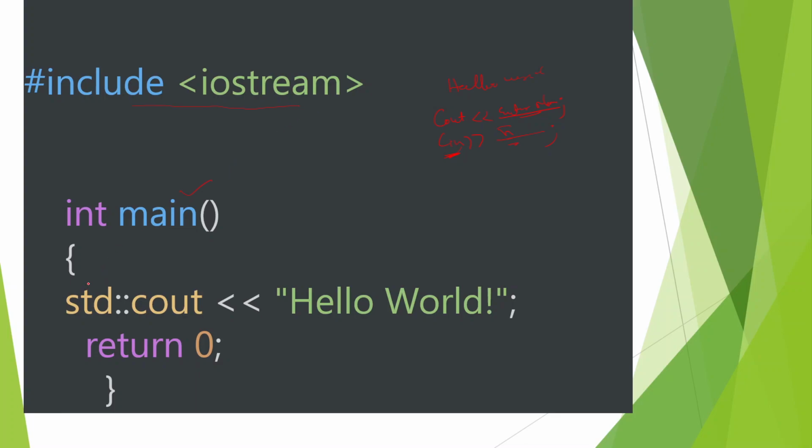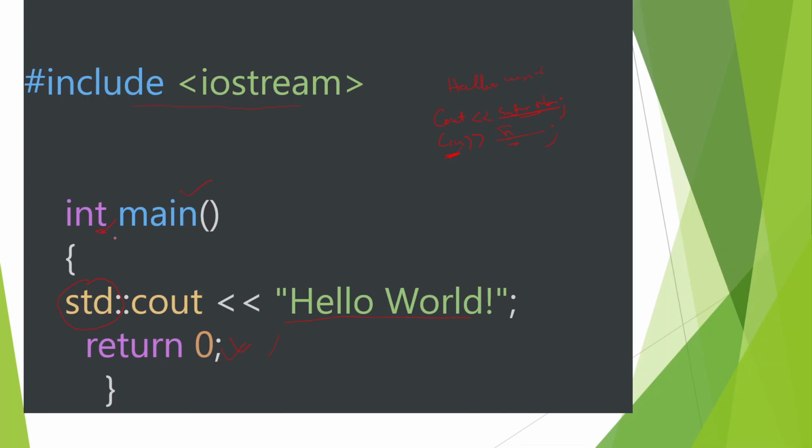Then what is std here? We will discuss it in the next slide. When you execute this hello world program, it will display on the output. Then return 0 is for successful termination, our program is executed successfully, and return 0 goes to the main.